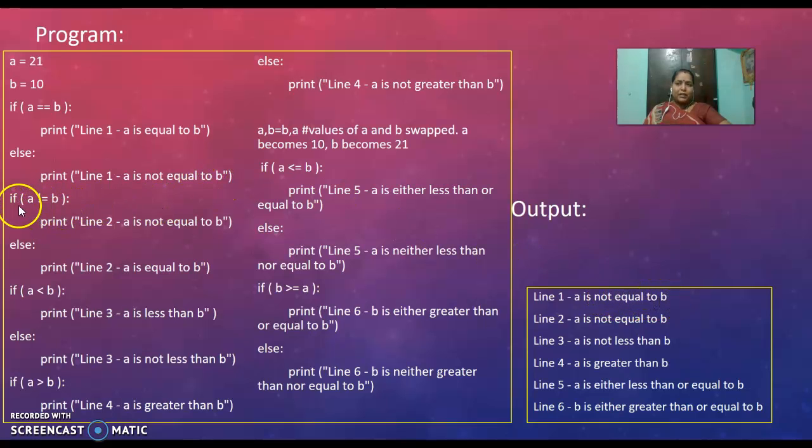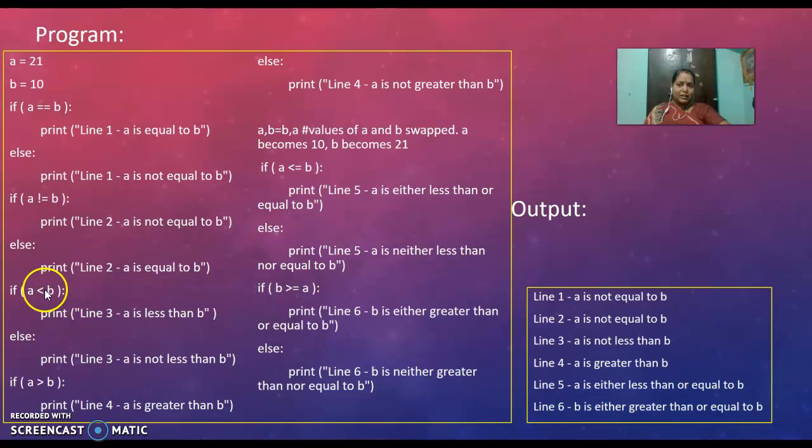The next statement, if A not equal to B, checks whether 21 is not equal to 10. Yes, this will return true and print line 2, A is not equal to B. You can see here line 2, A is not equal to B. Next, the third condition, if A is less than B, that is 21 is less than 10, it will print A is less than B, else line 3, A is not less than B. You can check A is not less than B because 21 is not less than 10.